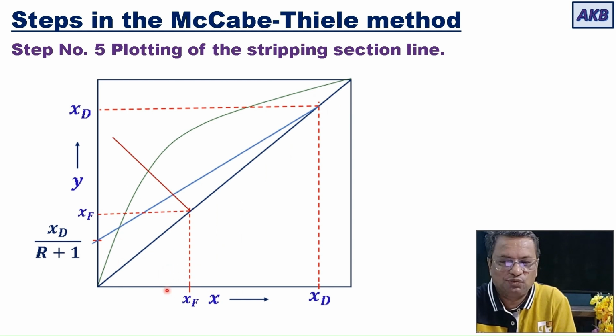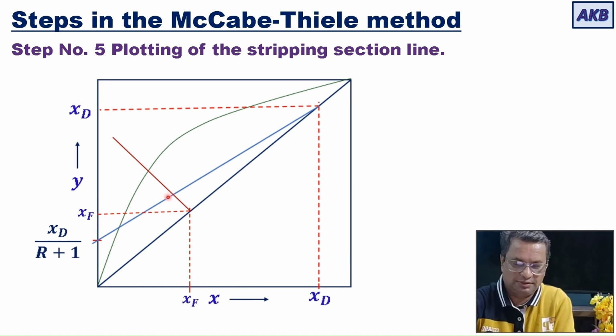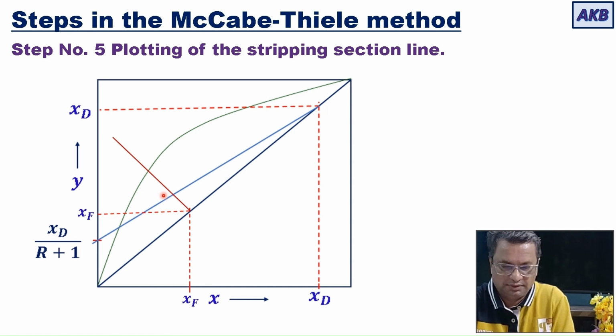In step number 4, we had got this; we were at this stage. We had plotted the Q line in the previous step. Now our job is to plot the stripping section line. The first information is that it passes through a point which has coordinates of xw. So I locate that point. Here it is, xw.